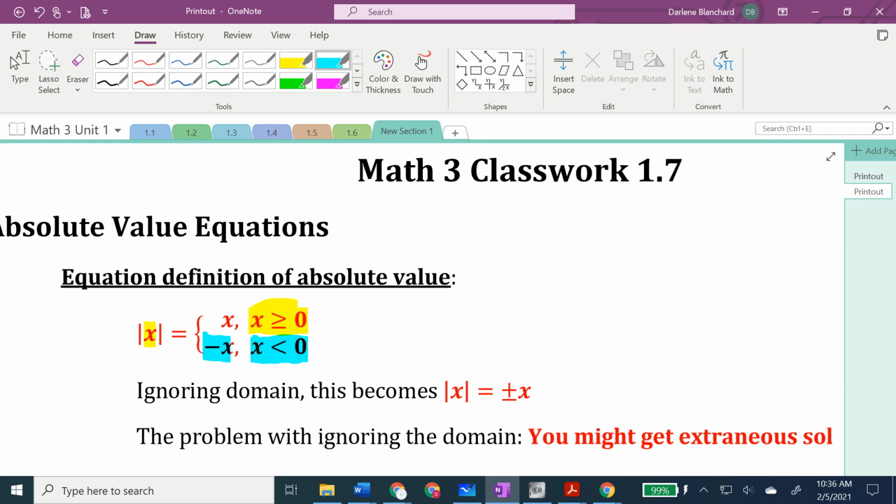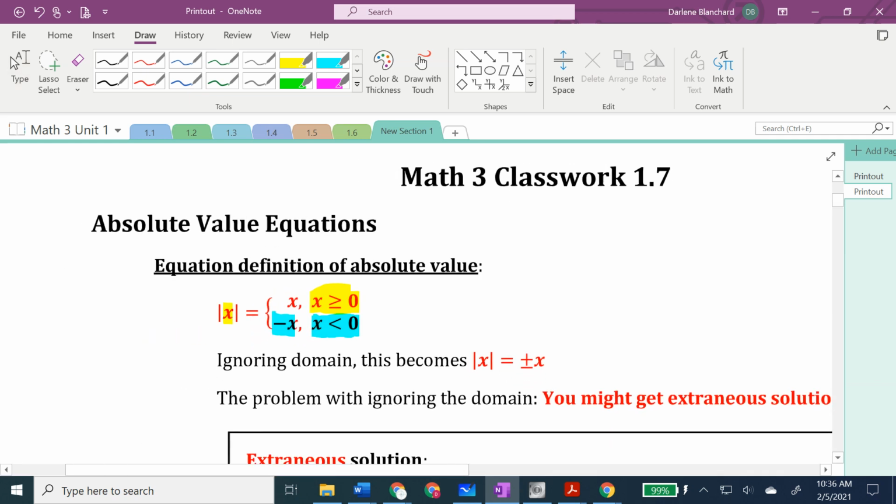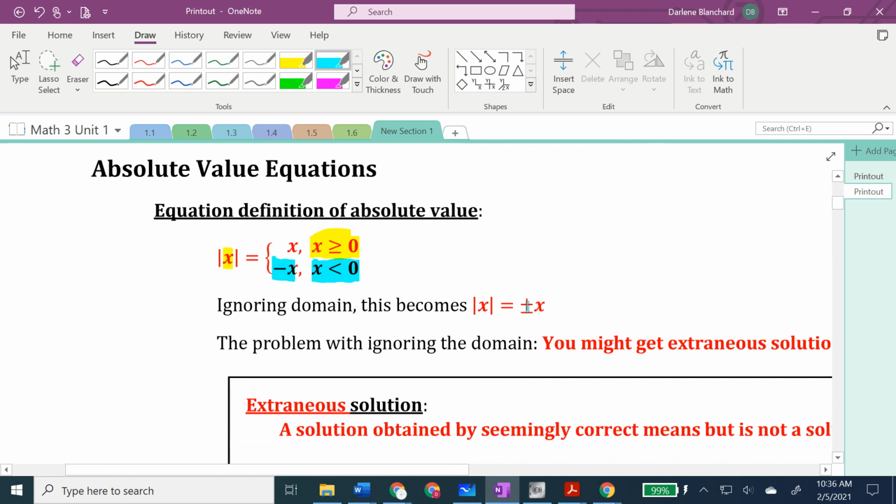And I want you to also be aware that absolute value means that you are dealing with either a positive x or a negative x. If I take out being very specific about the domain, that's what that function comes down to here, is that it's either positive or negative of x.